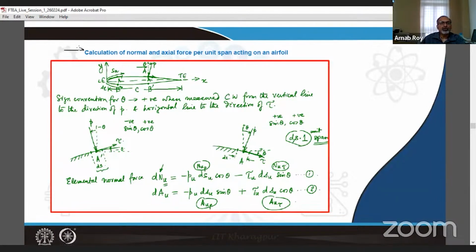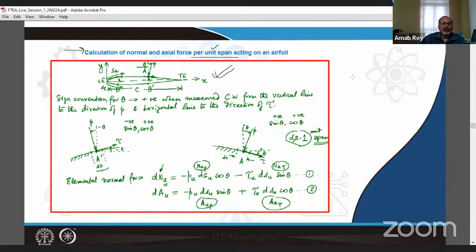We were talking about calculation of normal and axial force per unit span acting on the airfoil. When we say unit span, it is normal to the plane in which we draw the airfoil section, so it's along the Z direction. Here we assume that the length happens to be unity in consistent units.